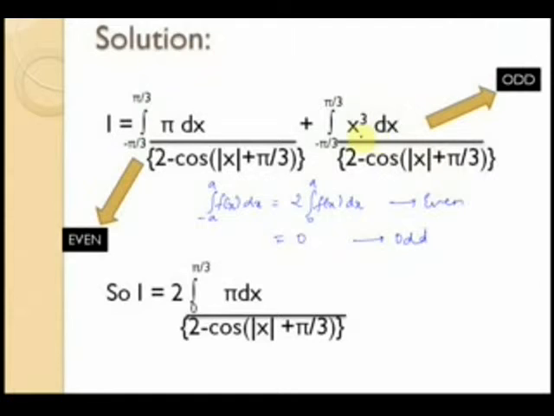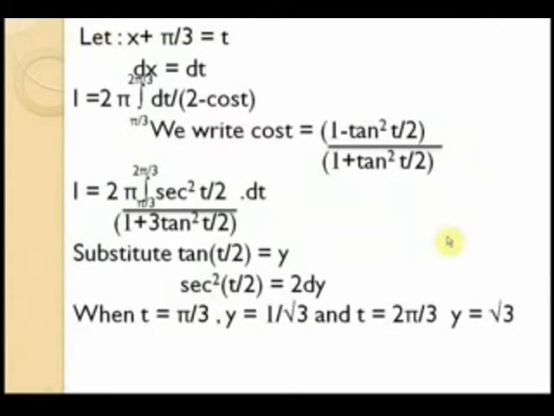So this integral would be equal to 0, and this is an even function, so I would be equal to 2 times integral of pi divided by (2 minus cos of modulus of x) from 0 to pi by 3. Let us make a substitution that x plus pi by 3 is equal to t. Differentiating we get dx equal to dt. So this integral would become 2 pi into integral of dt by (2 minus cos t) from pi by 3 to 2 pi by 3.